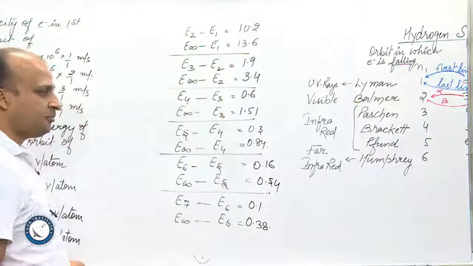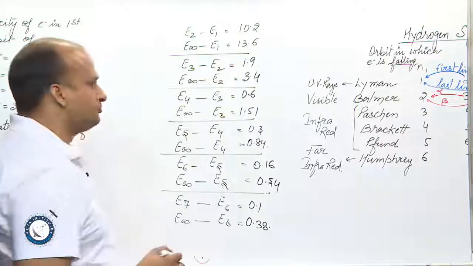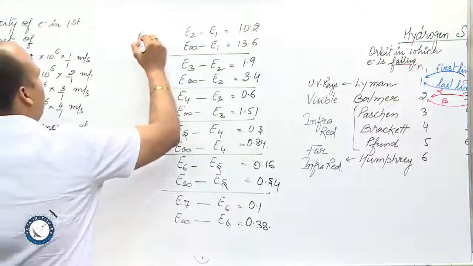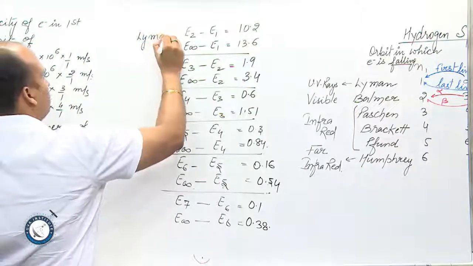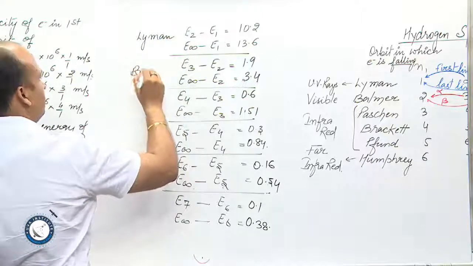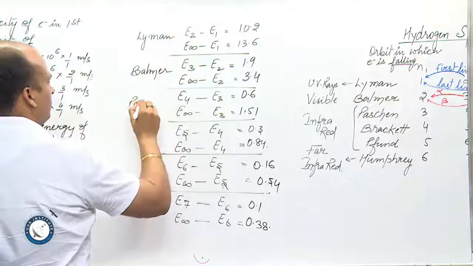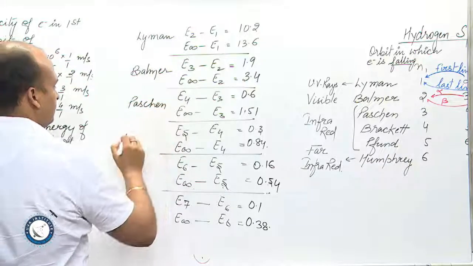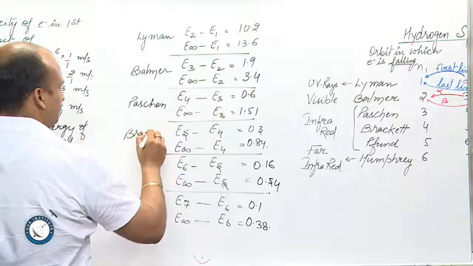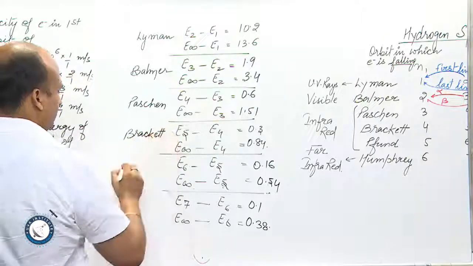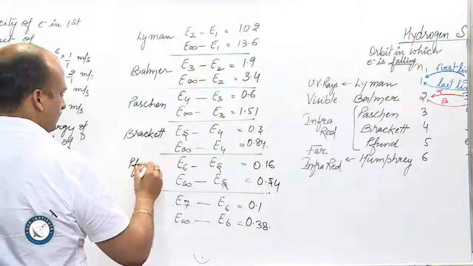Okay. Now beta, look at the board. My dear friends, this is the Lyman series. This is the Balmer series. This is the Paschen series. This is the Brackett series. This is the Pfund series.